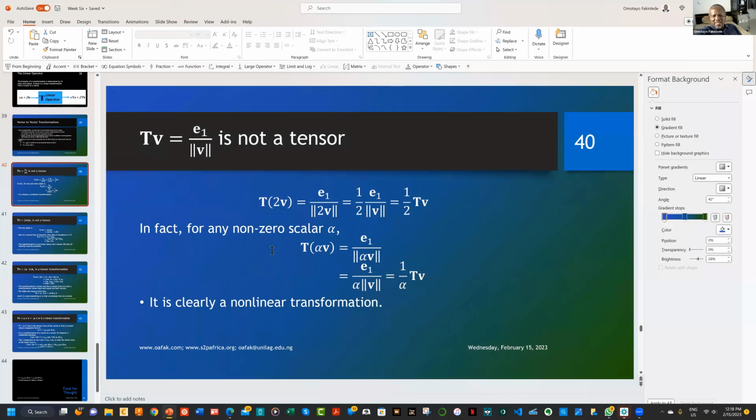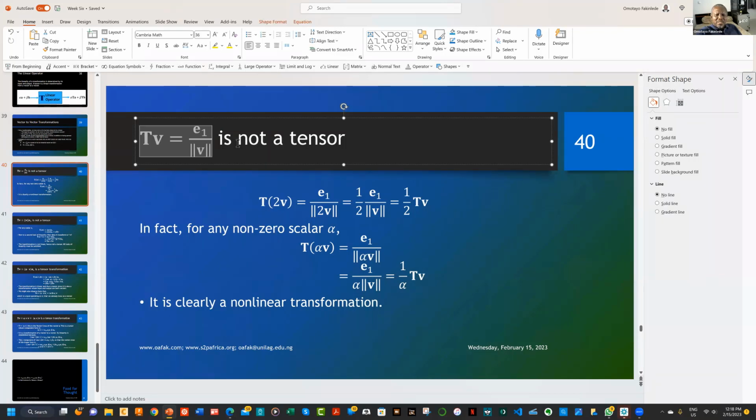Because of that, this is a nonlinear transformation, and therefore a transformation like this is not a tensor transformation because it is not linear. Taking the tensor after you have multiplied by a scalar is not the same thing as multiplying by a scalar after taking the tensor. So that is one example.